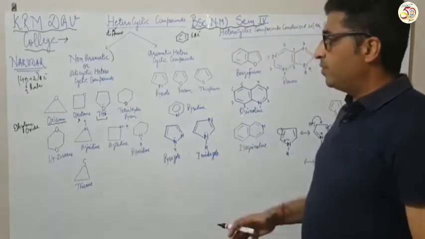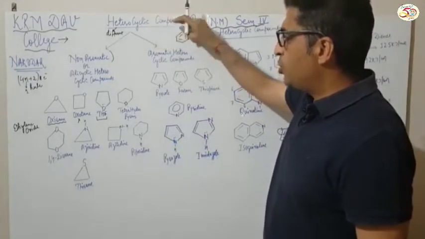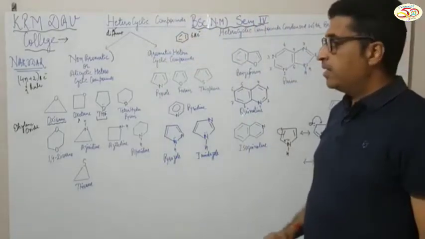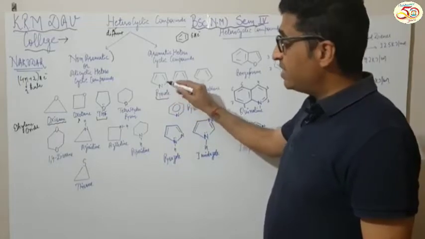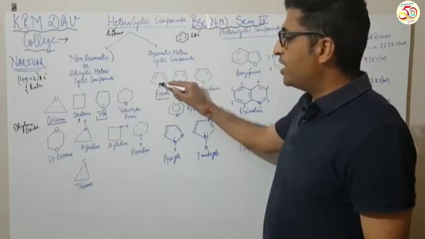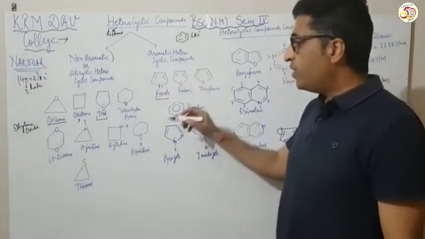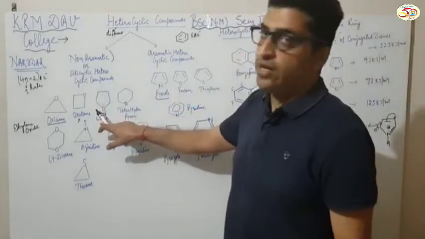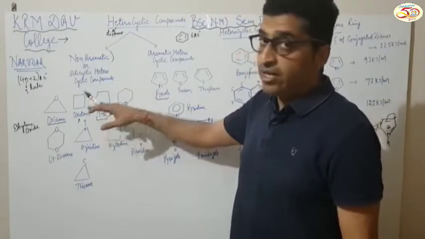Now, in our syllabus of heterocyclic compounds, I will teach you aromatic heterocyclic compounds. The first one is pyrrole. Pyrrole is a 5-membered ring with the nitrogen atom as the heteroatom. Then we have furan. Earlier we did tetrahydrofuran, which is why I was emphasizing it.